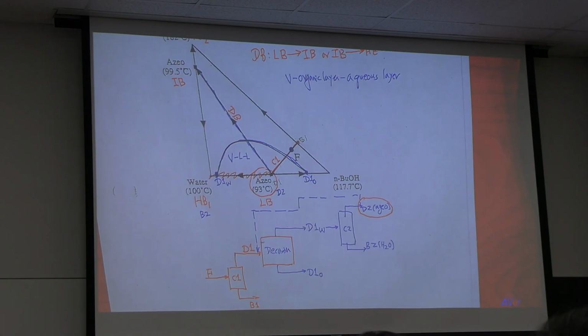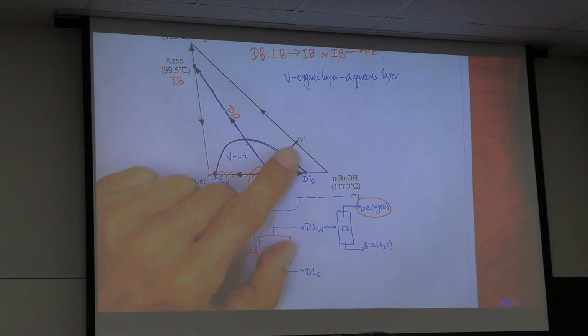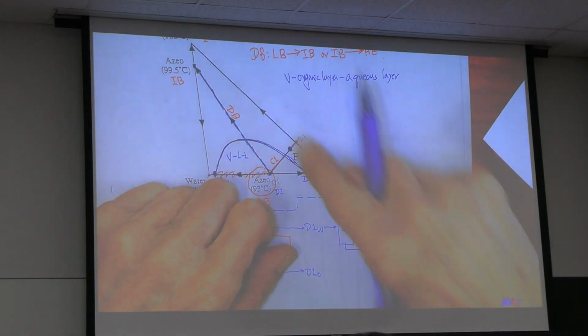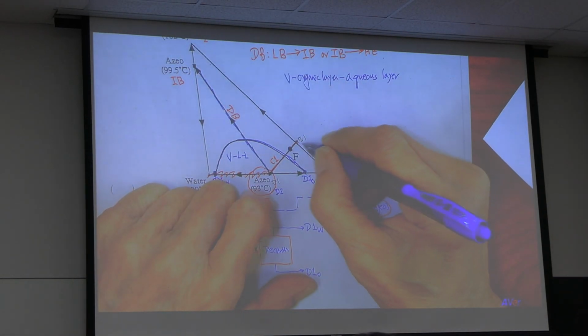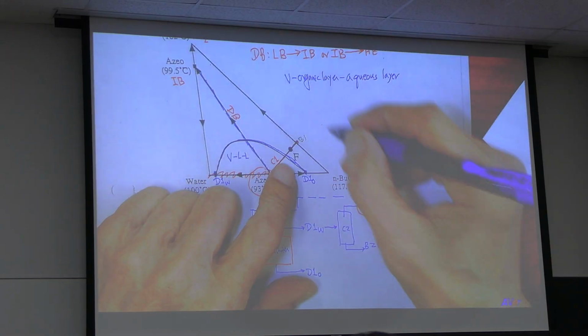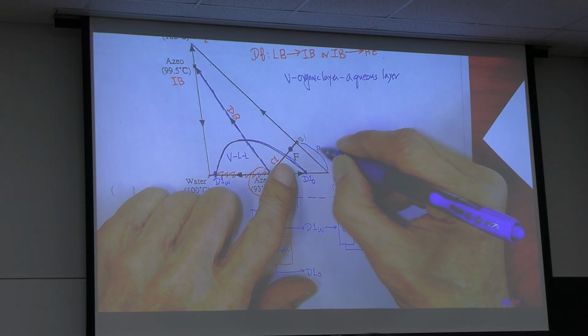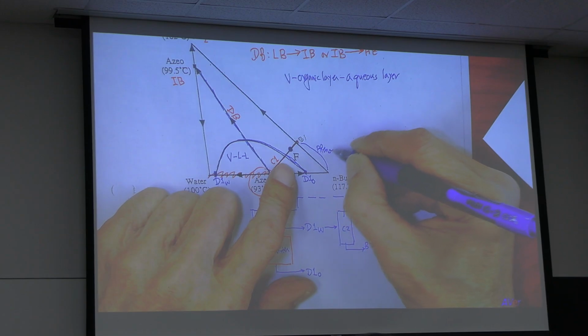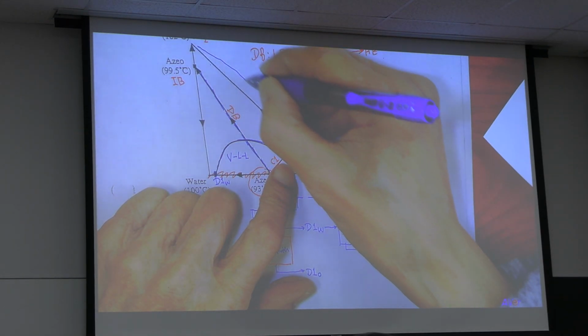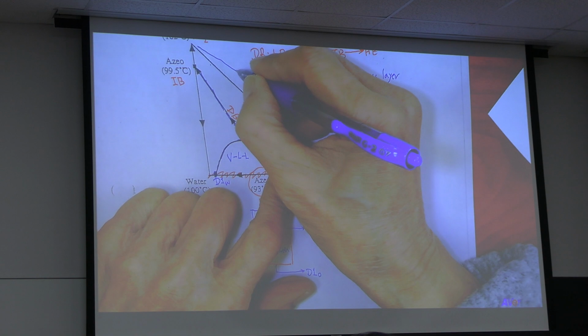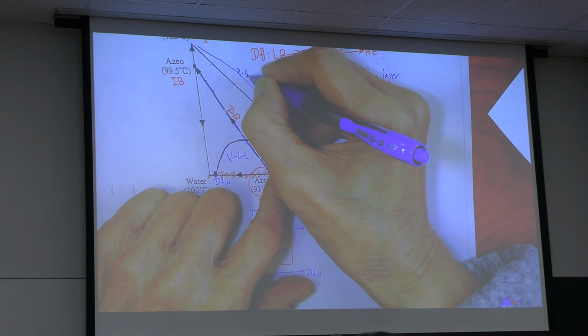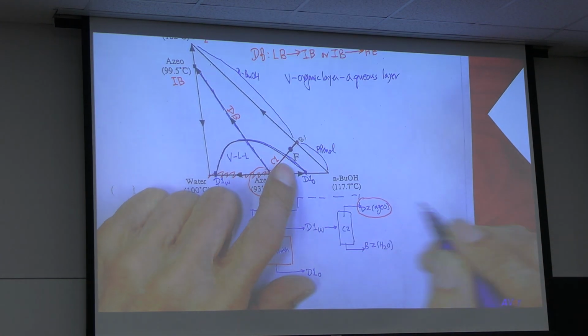Now, column 2, B1, there's no azeotrope, so this column, this is phenol, normal butanol.